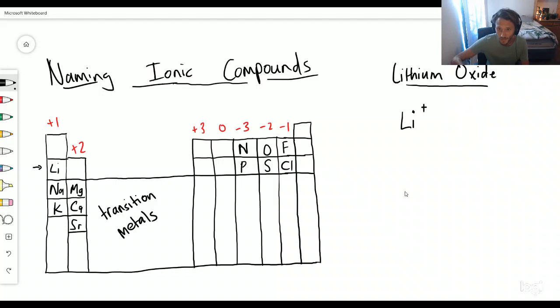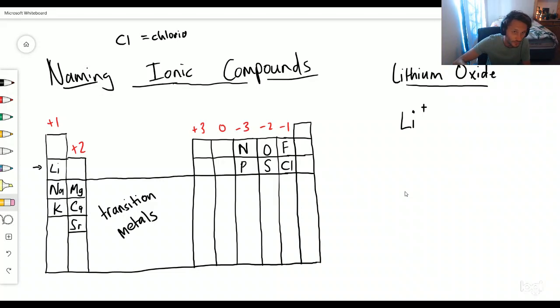I'm just going to put plus and assume that by leaving out a number I am talking about a 1 here.